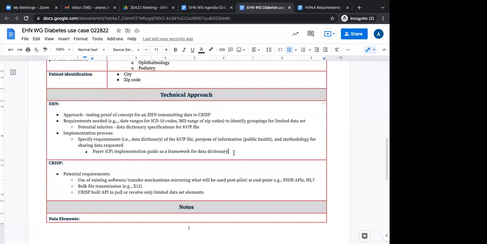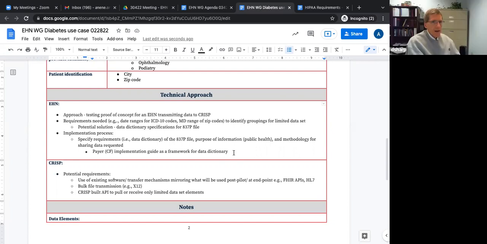There's the whole issue around HIPAA, certainly, but also the issue around members that opt in and opt out from the various targeted zip codes. So there's all kinds of things to consider from a legal perspective before payers would be able to do anything with regard to constructing this type of interoperable solution.